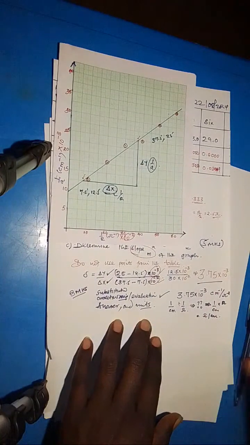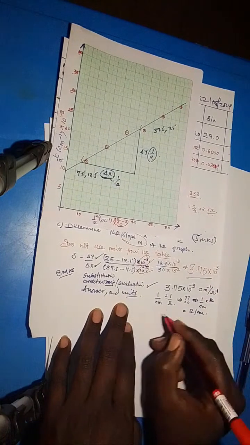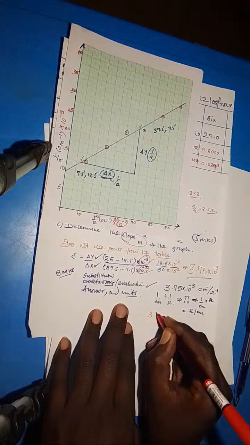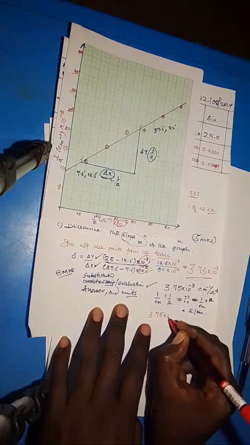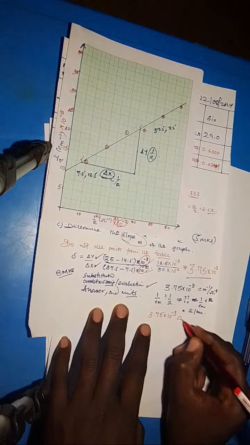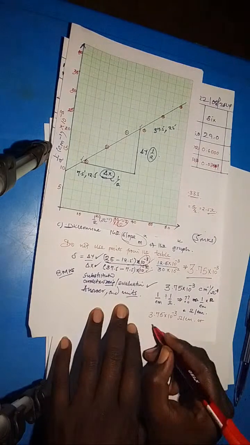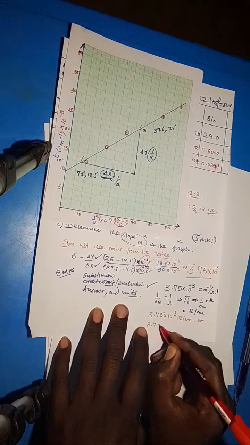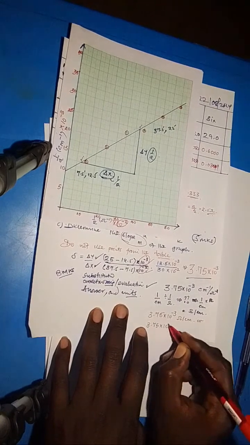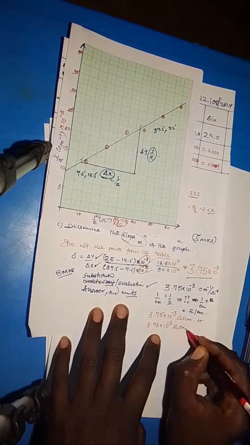So this value here can be written as 3.75 times 10 raised to power negative 3 ohm per centimeter.